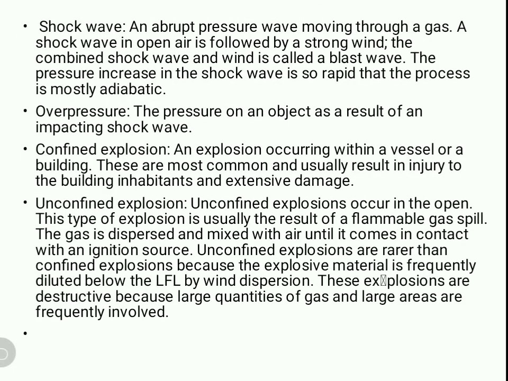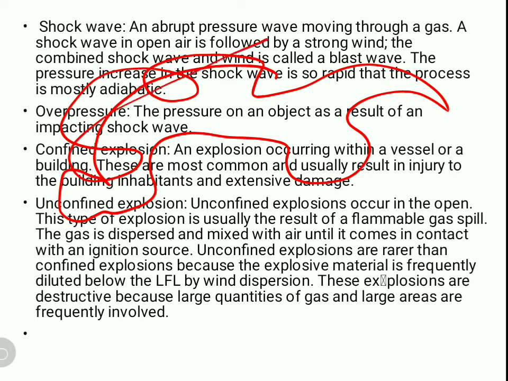The cloud will be dispersed throughout the plant, and there are various sections in the plant. If a small energy source, that is, an ignition source, is available and is given to that cloud, it may catch fire and an explosion will take place. Now this is not common, because, as we have seen, there is the LFL and UFL.